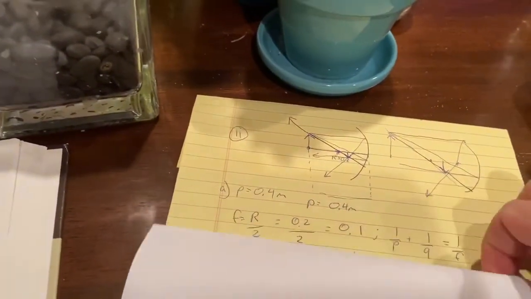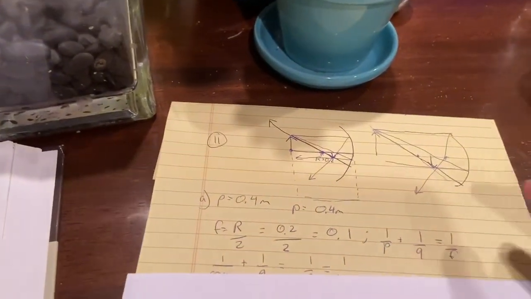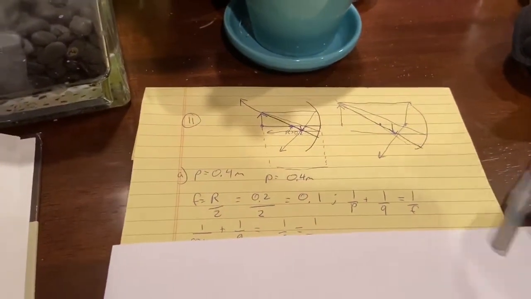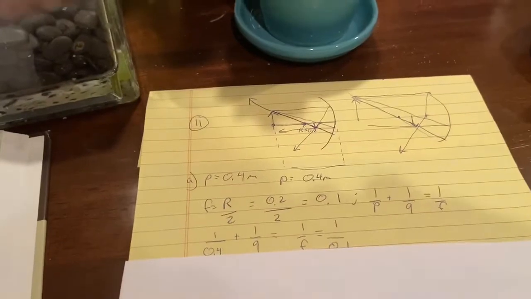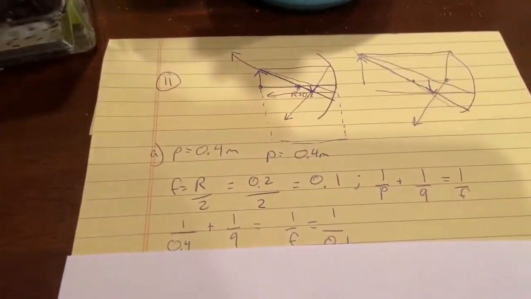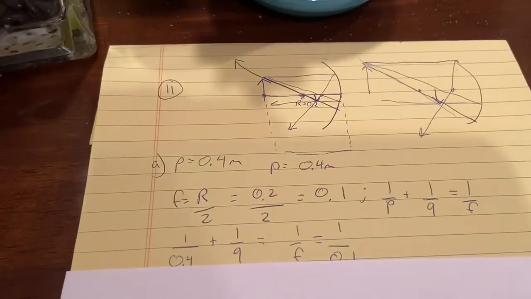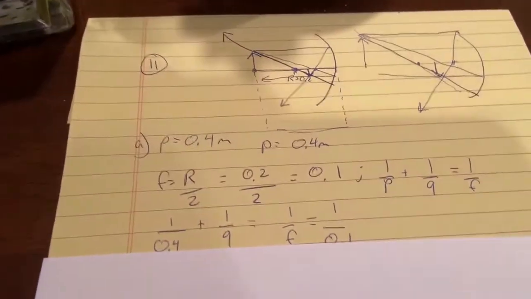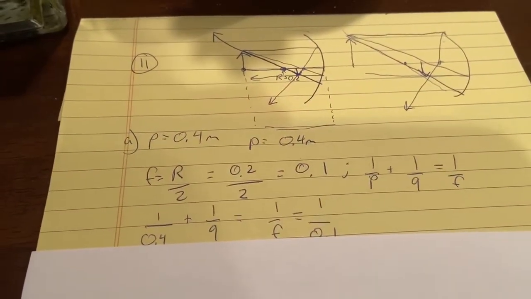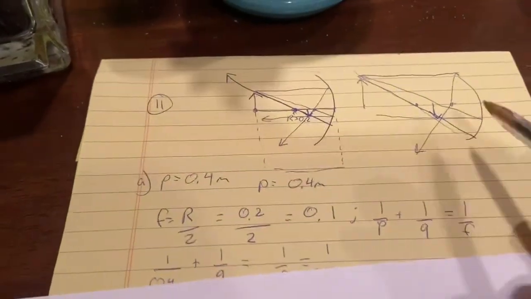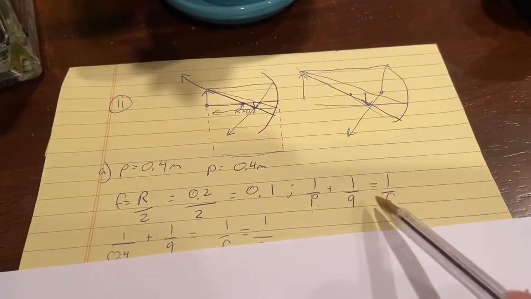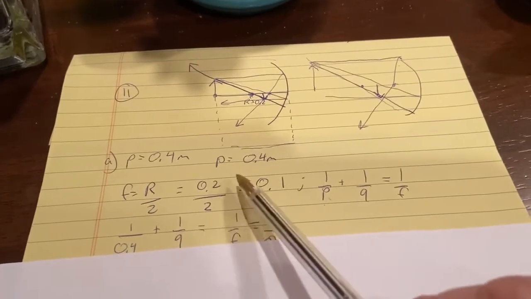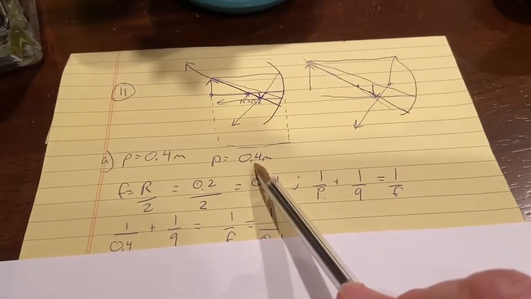But now we're going to stick to the algebra because it's a little bit easier to handle and a little bit less difficult on my somewhat pained hand at the moment. So our first problem, we were looking at an object distance of 40 centimeters. We have our mirror equation, 1/p + 1/q = 1/f. p is 0.4 meters.